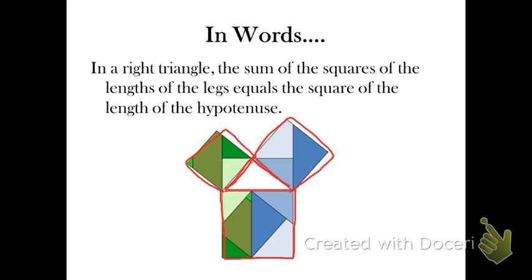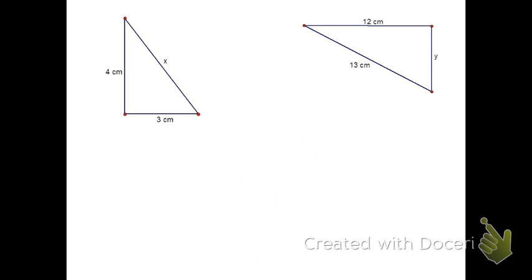If you look at the picture, and if you cut up the smaller square into those green pieces and the medium square into the blue pieces, you could fit those pieces into the bigger square. Notice how this little green piece fits perfectly right here, and this blue piece fits perfectly right here. So it's just a little visualization proof of why it works. And again, in class we'll do a more hands-on proof, but that's just a little something to hold you over.